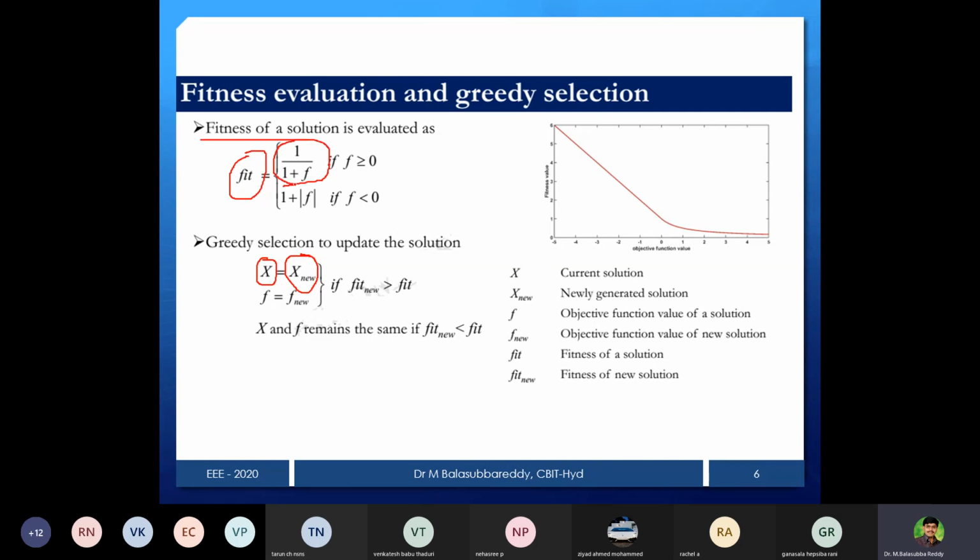If I call the function a minimum value, then when comparing with fitness, you have to consider the maximum value. That is the only thing. Now you can compare these two. If the second one has more fitness, you replace the old values with the new values. Otherwise, the old values are retained. That is what you call greedy selection.